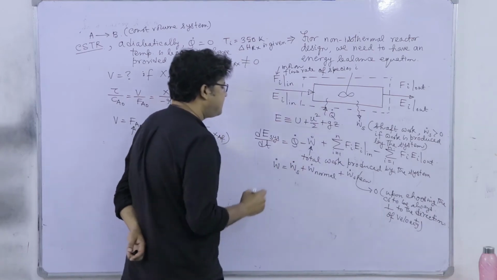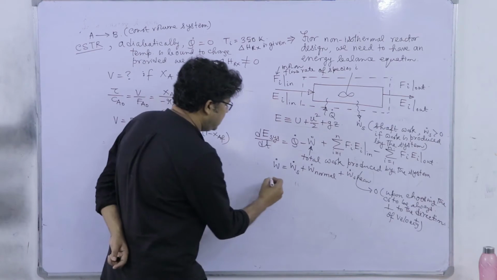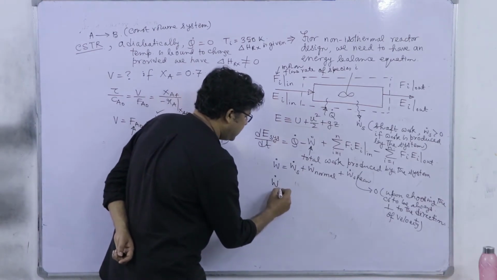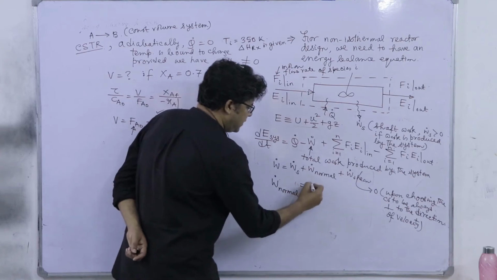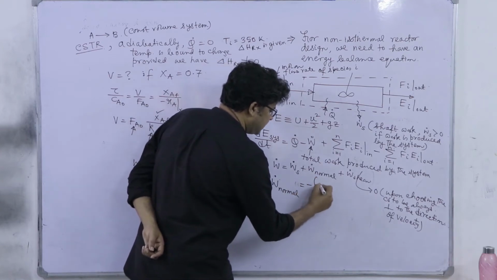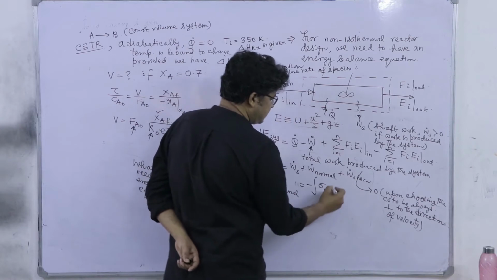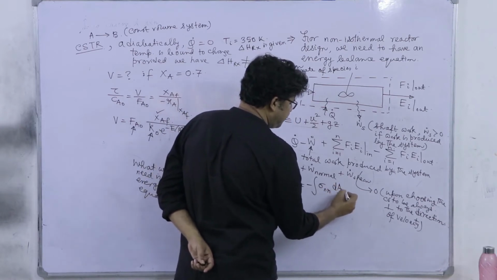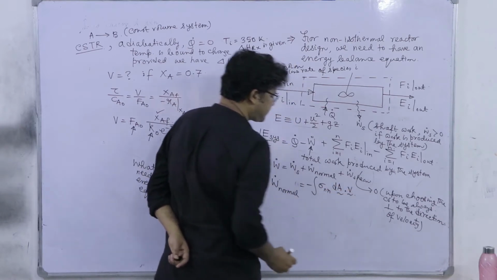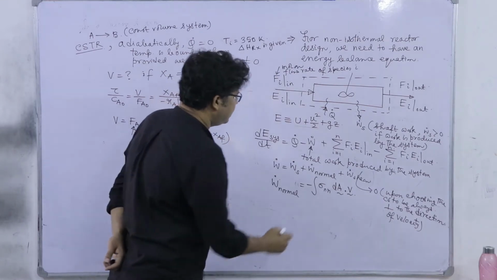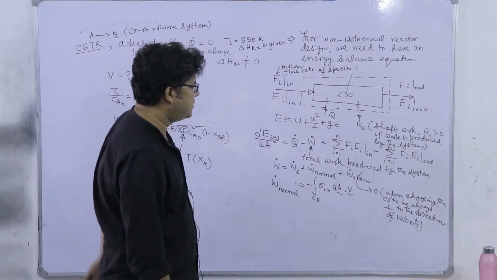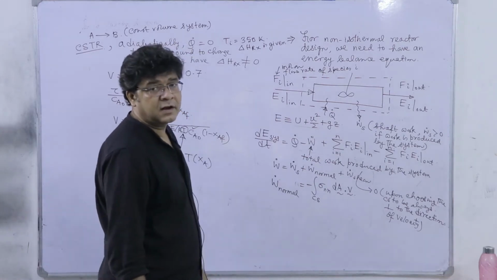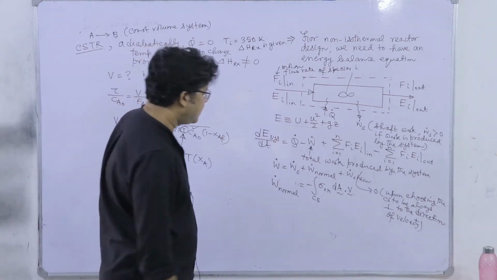W dot normal is the integral, with a minus sign, of sigma nn into V dot dA over the control surface, where sigma nn is a scalar component of the normal stress.